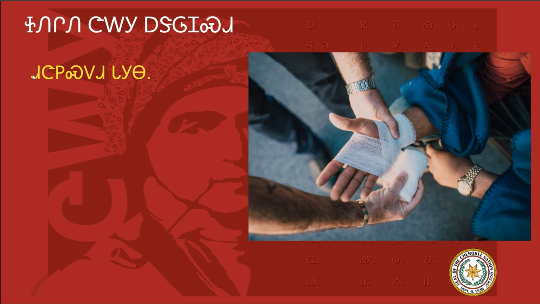So, I have bandages. How would we change it? What word would we change, and how would we change it, from I have bandages to I had bandages in the past tense?